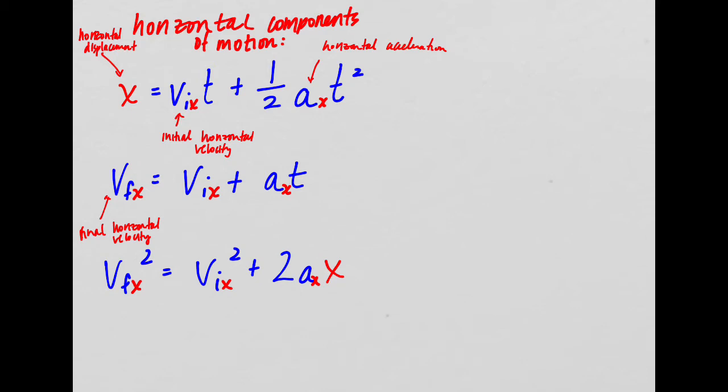Okay, so we have to narrow this down a bit, though. We don't have to know all of these equations because the first thing that you should think when I tell you this is horizontal acceleration is that with all of our projectiles, do you remember the force? What is the only force acting on the projectile? The only force acting on any projectile is the force of gravity.